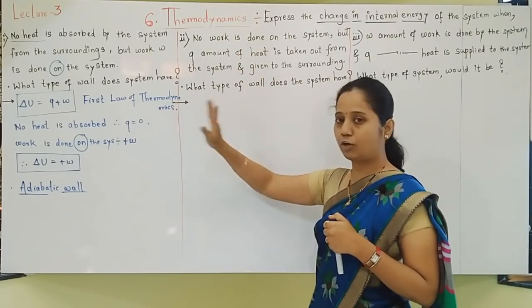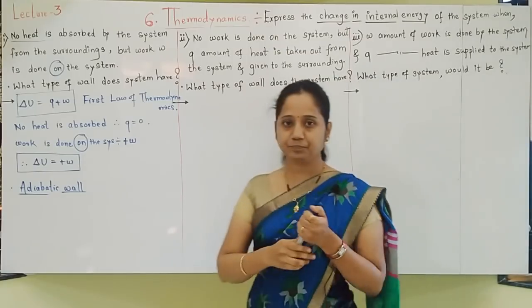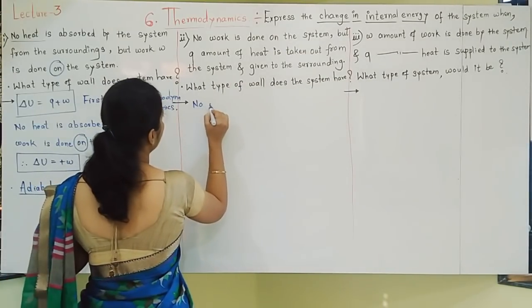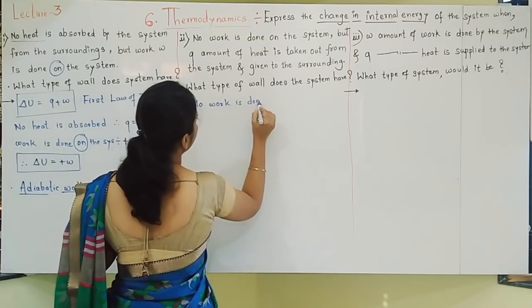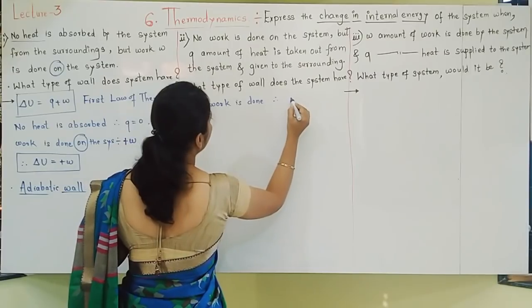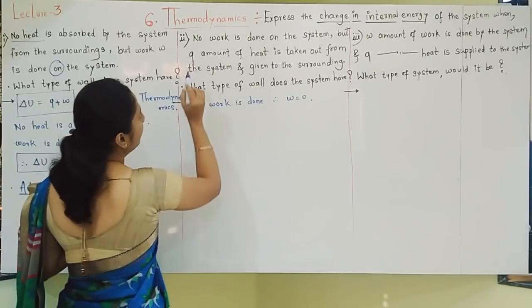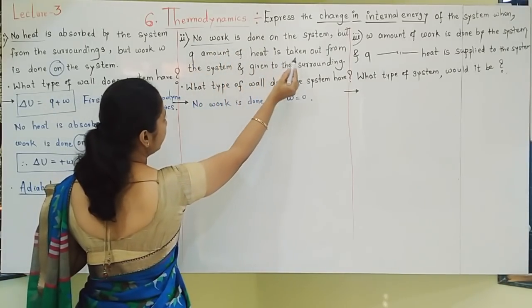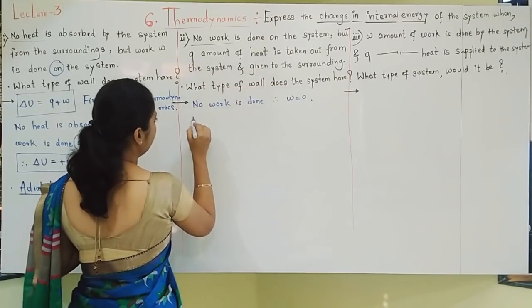Same, based on the first law of thermodynamics only. No work is done on the system. What can we write here? No work is done, therefore W is equal to 0. But Q amount of heat is taken out from the system and given to the surrounding.